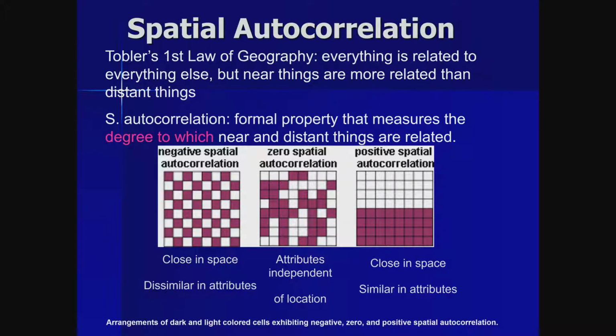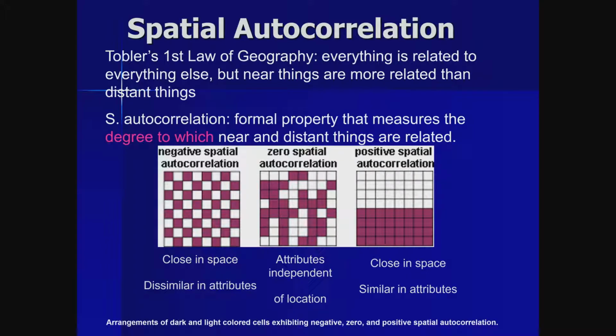Yeah, so right. Like overall, this has a high positive spatial autocorrelation. But if our grid only contains these two cells, then in one direction there would be negative autocorrelation in the other direction. Well, if it only contained these cells, in this direction it would always be the same.